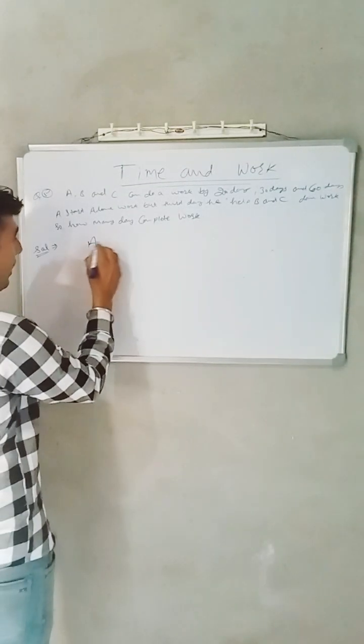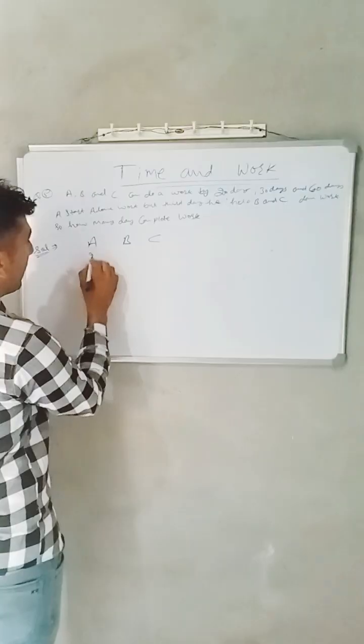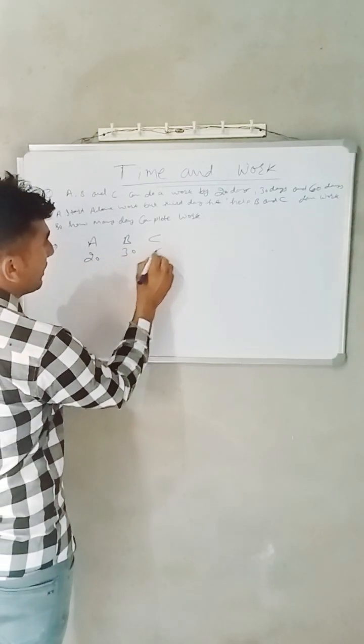So A, B and C: A 20 days, B 30 days and C 60 days.